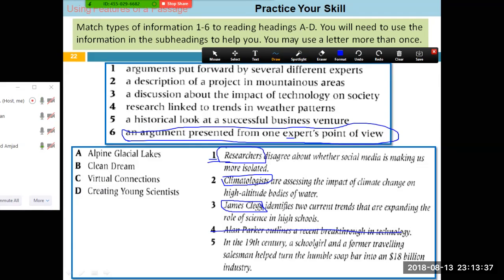But if you see, these are plurals: researchers, climatologists. And this is only one expert. So they have asked you for one expert's point of view, one only. So now we will go with 3.